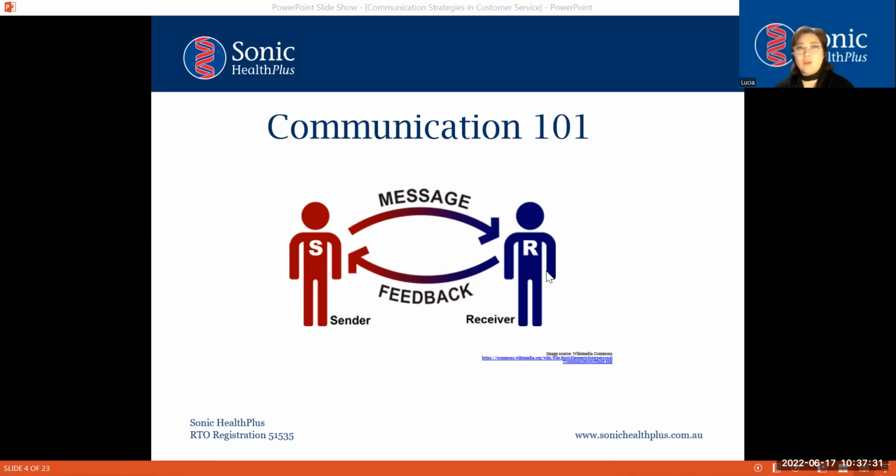And to define it, negotiation means that you have an outcome that you would like to obtain, and also the other person will also have some sort of goal or objective, and you're trying to agree on what is the best way moving forward.